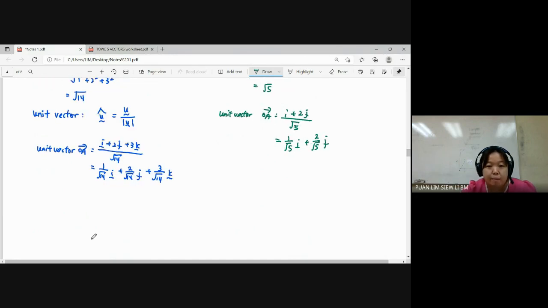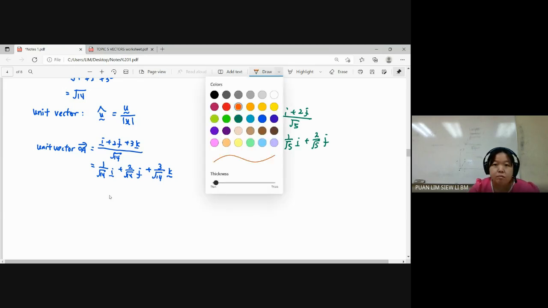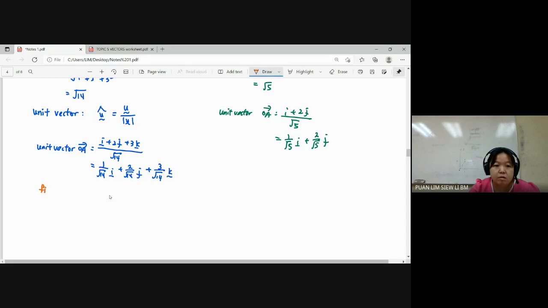So bila nak balik vector dalam 3 meter, 4 meter, 5 meter, so kita akan darab. Contohnya kalau sini, we want to find a new vector with magnitude, let's say 8 unit.